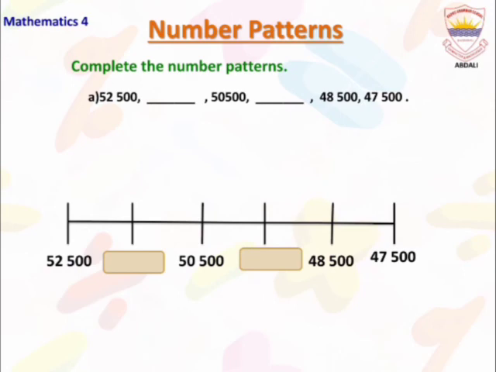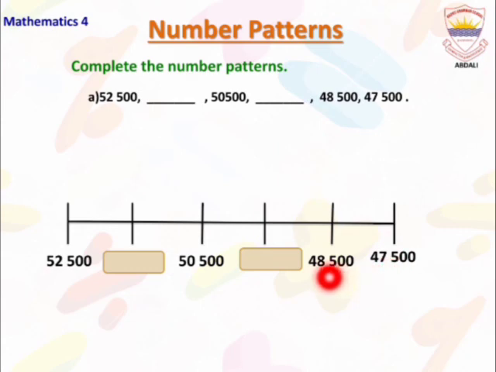Students, now first of all we find the difference between each mark of the number line. Students, the difference between 47,500 and 48,500 is 1,000.